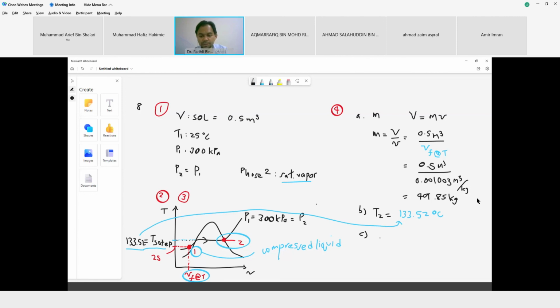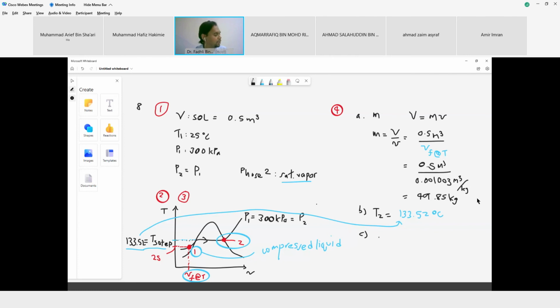Total enthalpy change, I already mentioned in my lecture last week. If you find a term of change, it means final value minus initial value. That is the meaning of change.